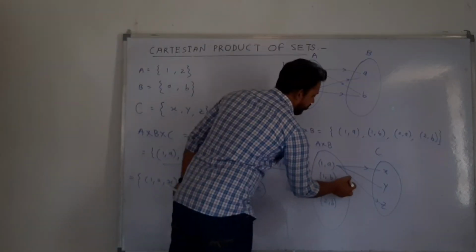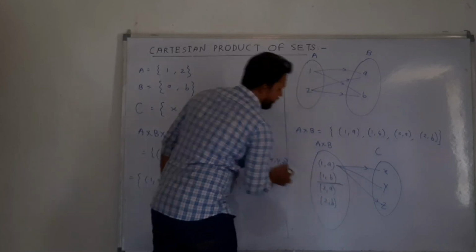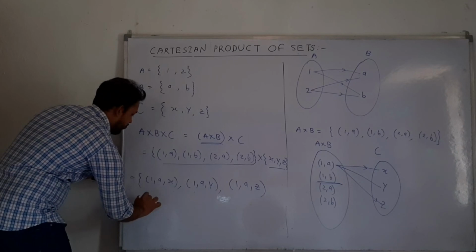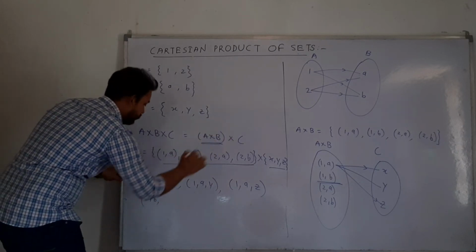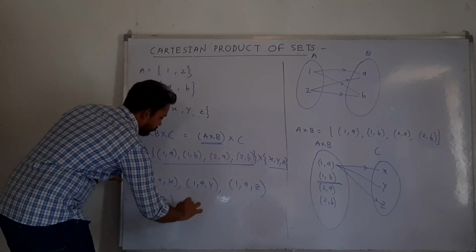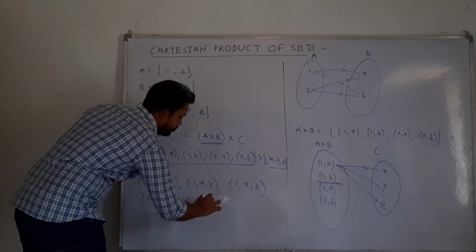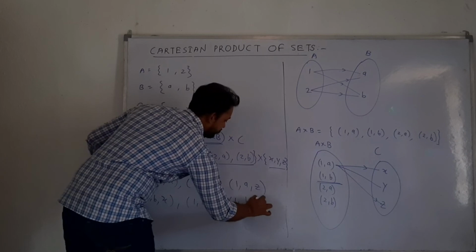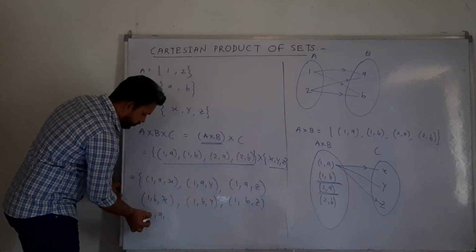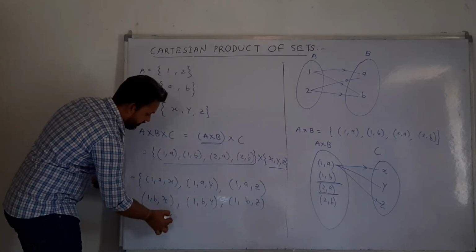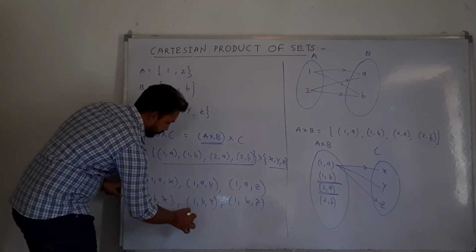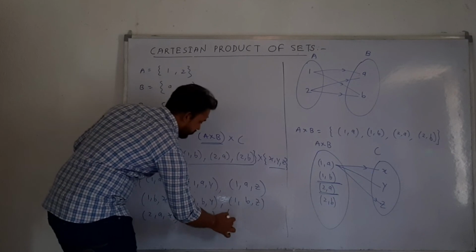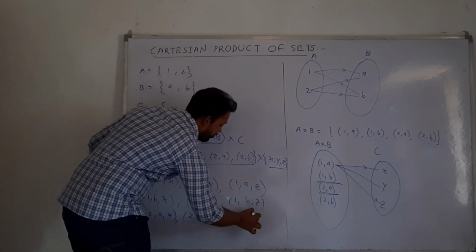Then we will get all ordered pairs from the second element: (1, b, x), (1, b, y), (1, b, z). Then (2, a, x), (2, a, y), (2, a, z).